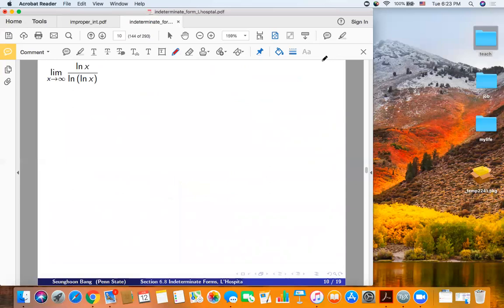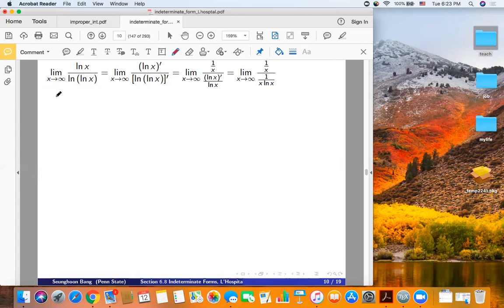I'm going to take the derivative of top and bottom by using L'Hopital's rule, because this is infinity over infinity form. The derivative of ln of x is 1 over x. The derivative of ln of x is over the derivative of ln of x, which is 1 over x again.